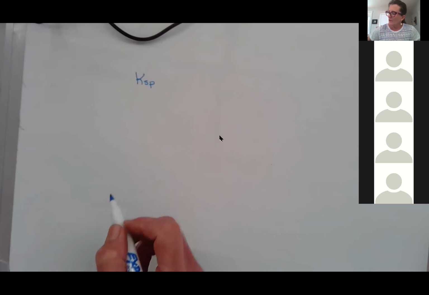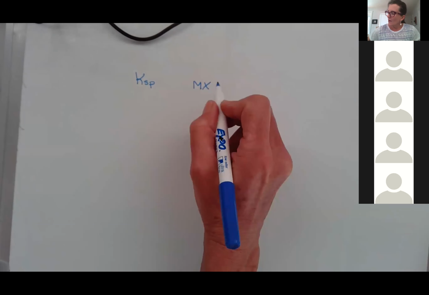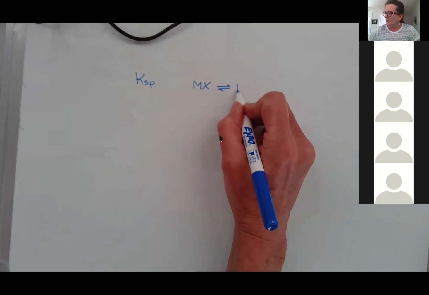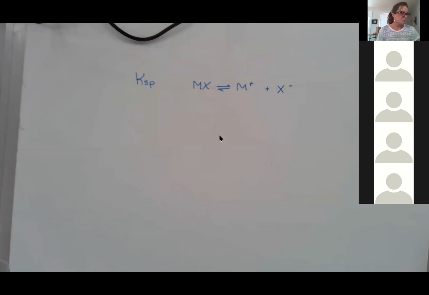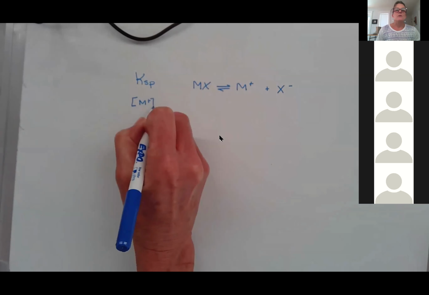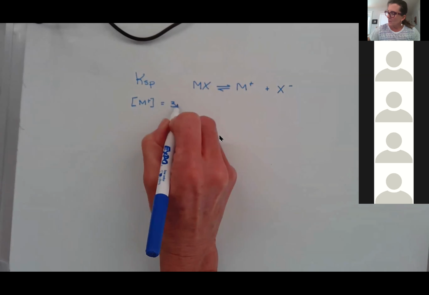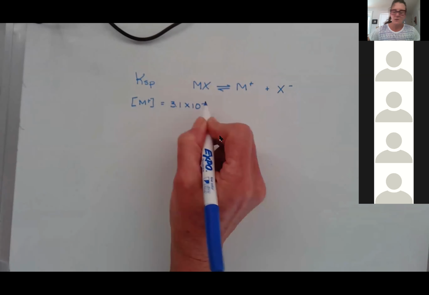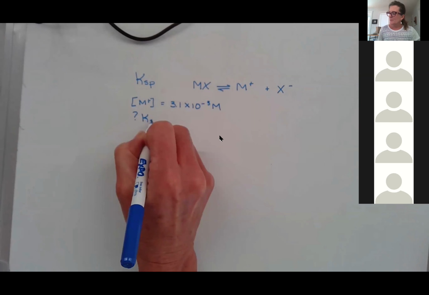And so if you have an ionic compound MX, where M is the cation and X is the anion, its dissolving into an aqueous solution can be represented in an equilibrium like that. And the question that I got was, if the concentration at equilibrium of M plus is equal to 3.1 times 10 to the minus 3 molar, what is the value of the KSP?